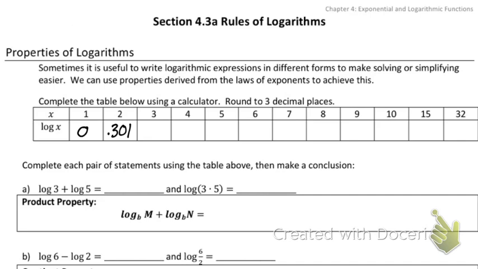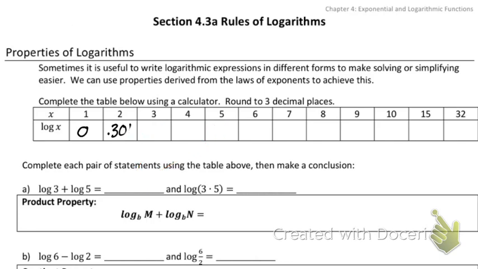What you're going to do within your pods, you're going to fill out this whole thing. And then you're going to do each of these. Note, log base 3 plus log base 5. All you're going to do is find that value. So once you have log base 3 and 5, you're just going to take whatever's there, plus 5, and put that right there.